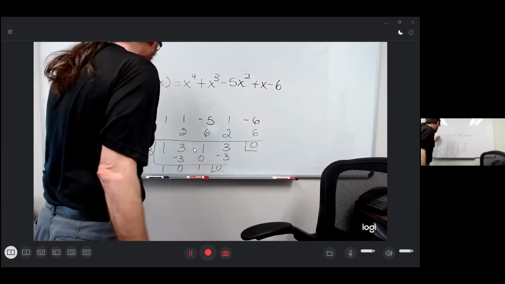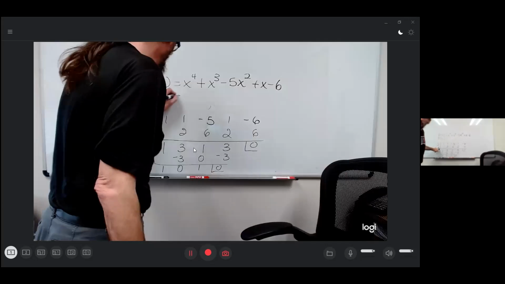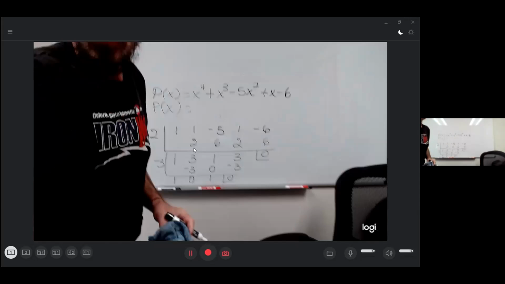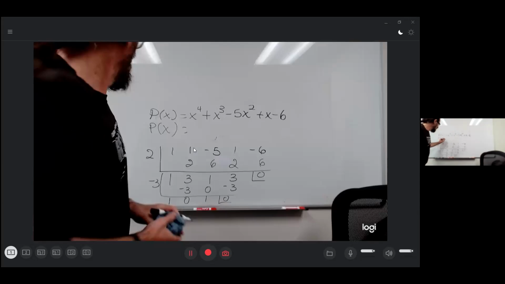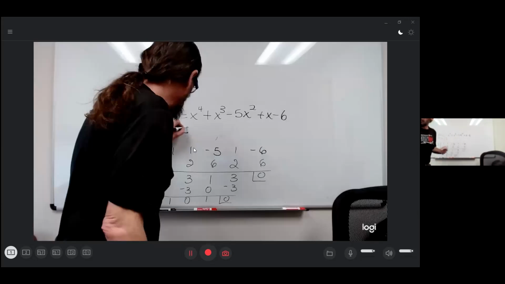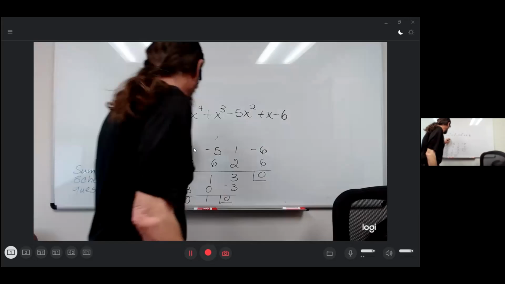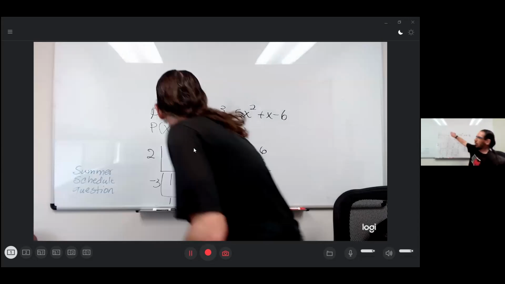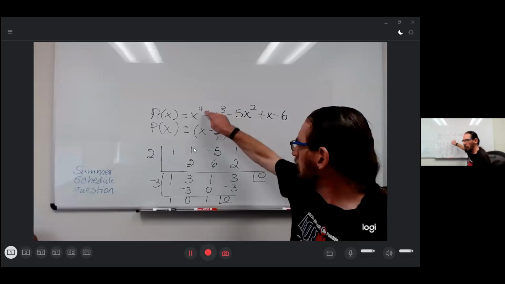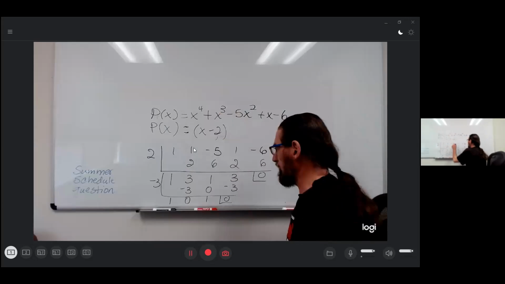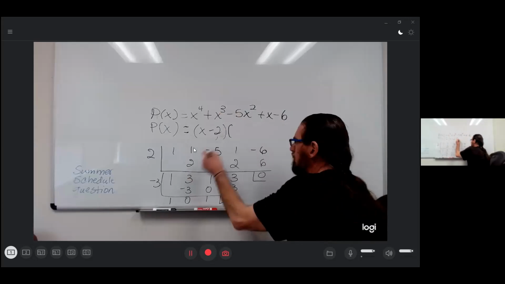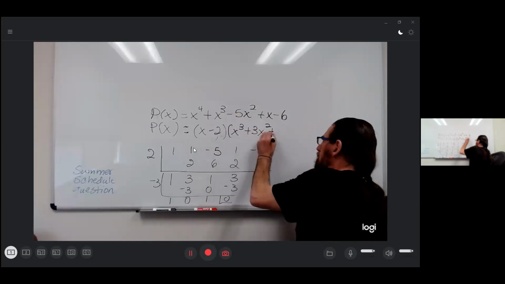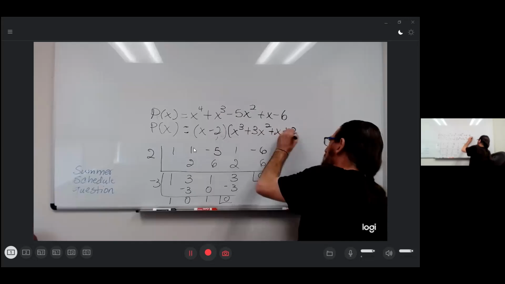What we found out so far: x minus 2 is a factor, although solving the equation does not directly ask for this. It's not asking for the factors, but it's related information. First, I found x minus 2 times, well, fourth degree divided by a first degree would give me a third degree: x cubed plus 3x squared plus 1x plus 3.